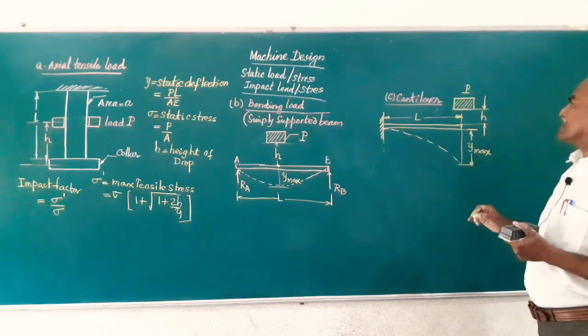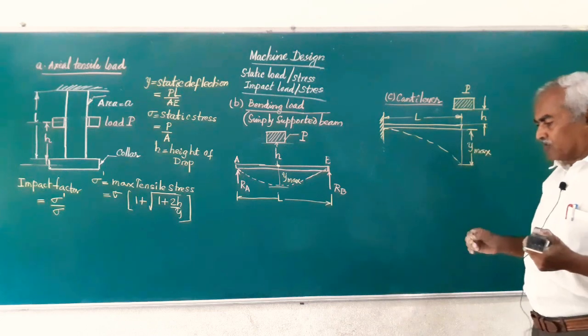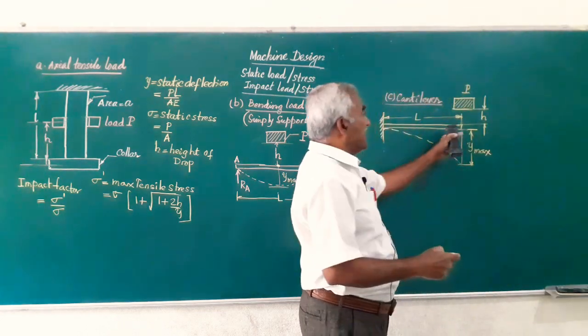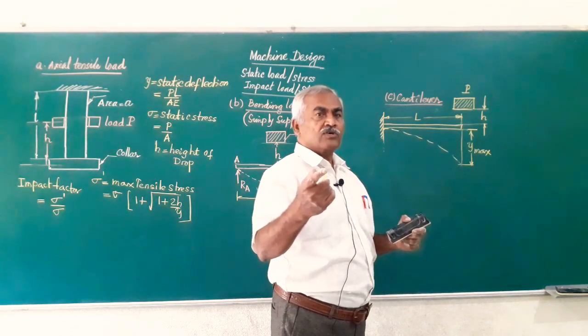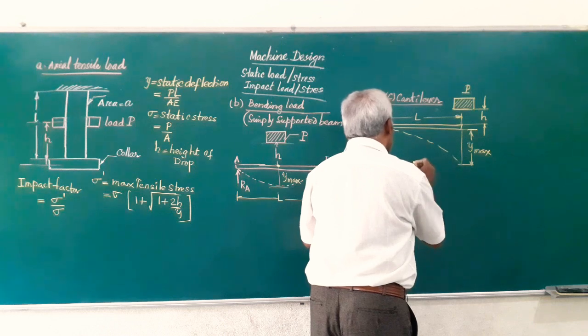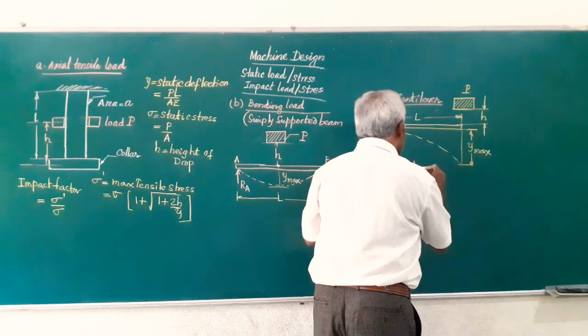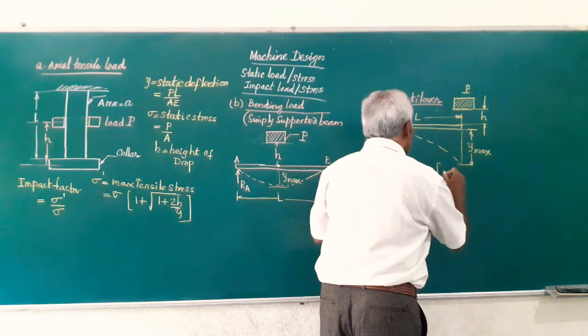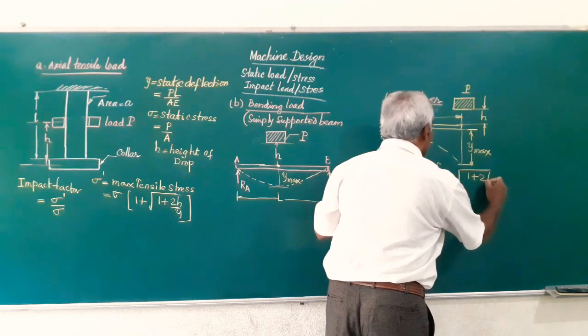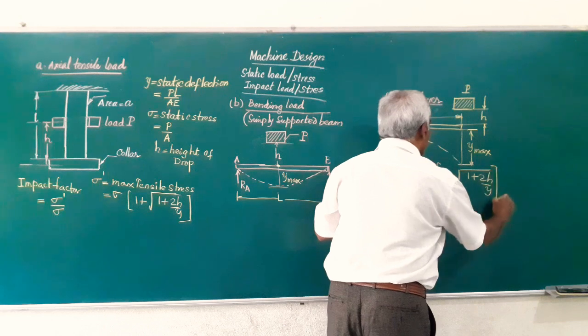Friends, in this case, if you want to find the maximum stress, once again remember the cantilever is subjected to bending stress, and hence the bending stress in the member, sigma b dash, is given by sigma b multiplied by 1 plus square root of 1 plus 2h by y.